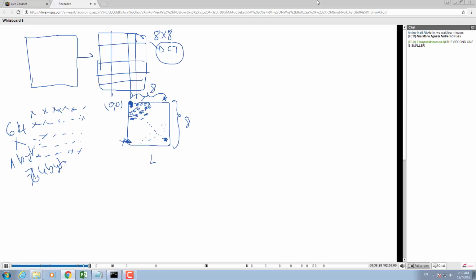And you will notice using the DCT that all the values here have very low energy, low amplitudes. The energy here is very low. For this reason, if the energy is low, what can we do?